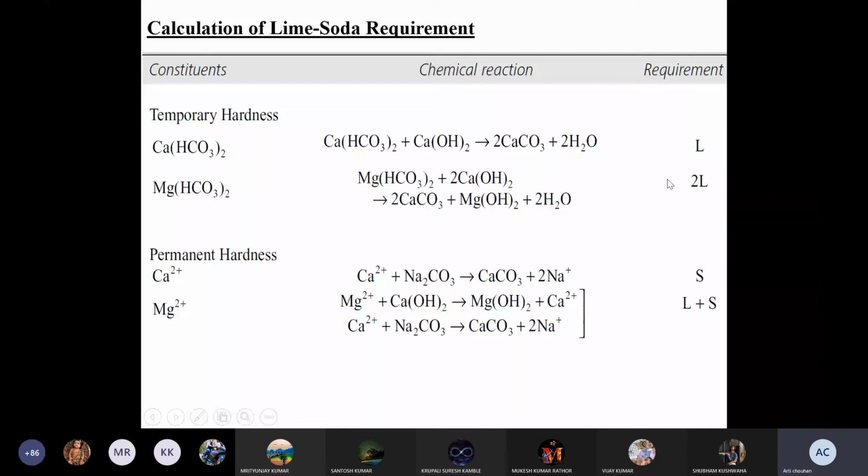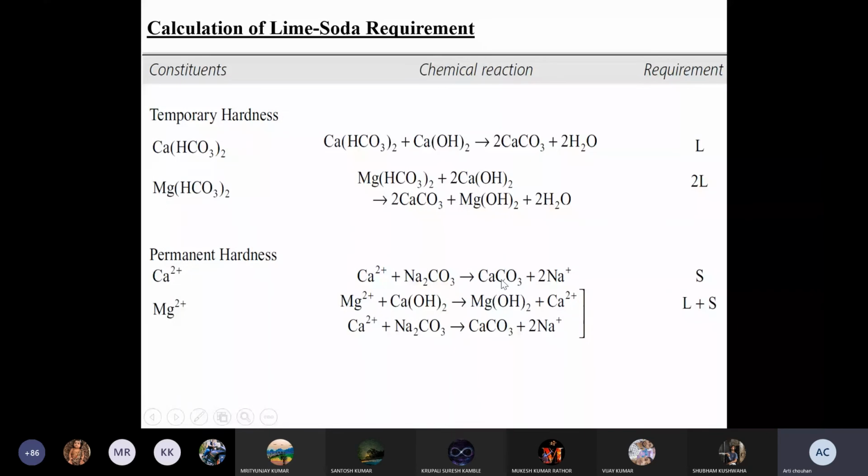Now coming to permanent hardness: calcium 2 positive ion, either in the form of calcium chloride or calcium sulfate. If calcium chloride permanent hardness is there in the sample and its value is given in the numerical, then calcium chloride will consume 1 soda, Na2CO3, and convert that hardness into calcium carbonate precipitate, and 2 moles of NaCl will form.